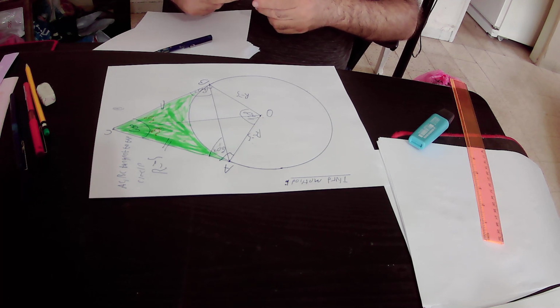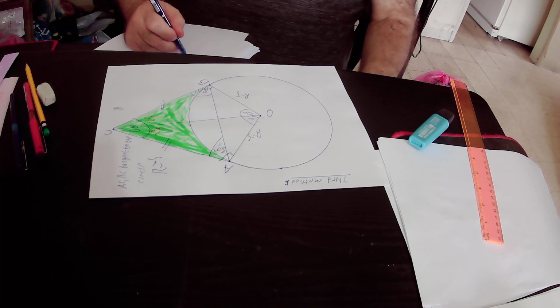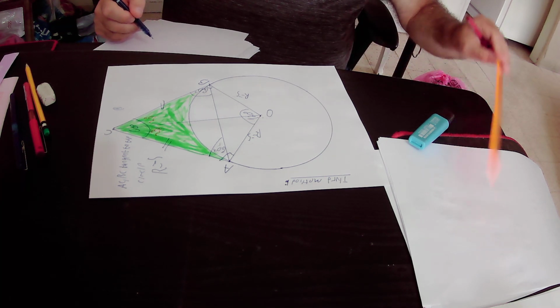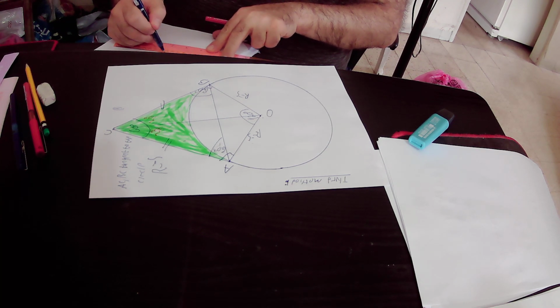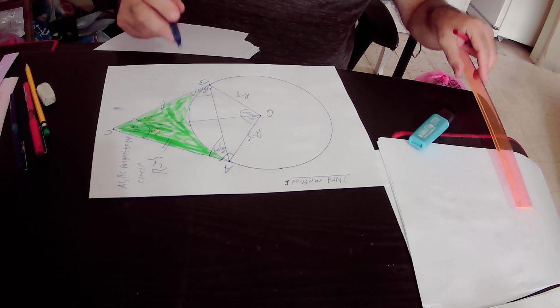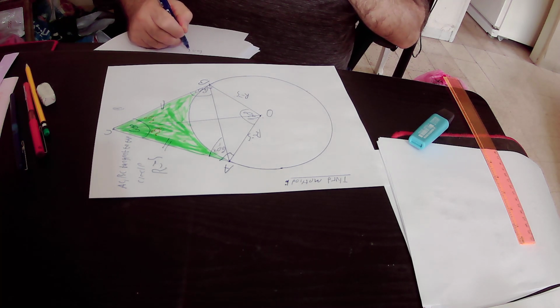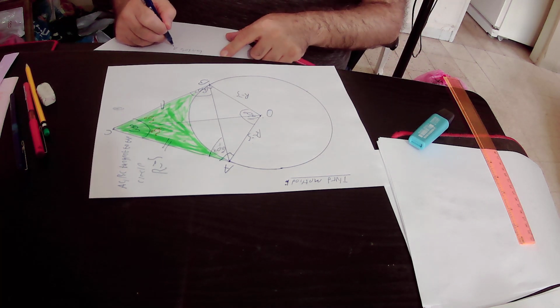Okay, so in the right triangle, triangle AOC, we know that tangent 30 degrees equals AO over AC.